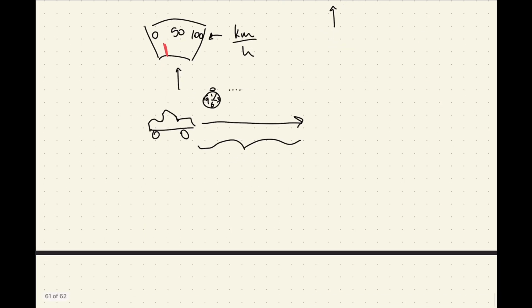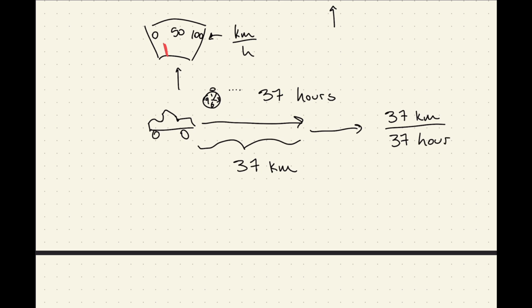So let's say I travel 37 kilometers and my clock calculates 37 minutes. Or actually, let's use hours to stay with my analogy. You're driving pretty slow here, but this math will work out pretty nicely. So the car is doing a ratio here. It's saying, what is the distance that I'm traveling per unit time? So it's doing this division here, and the unit time that we are choosing is hours.